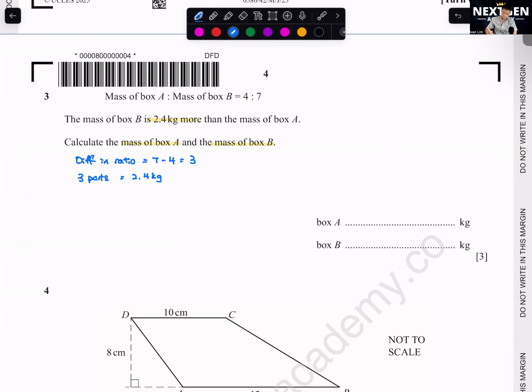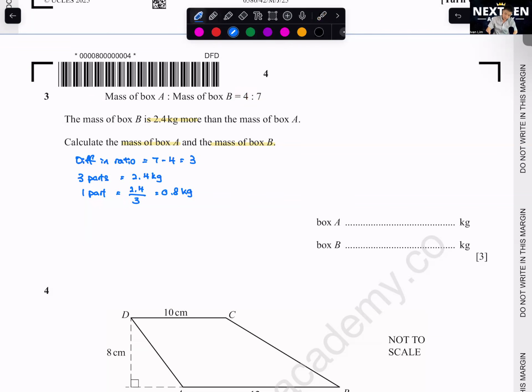Got it? One part, what does it represent? We take 2.4 divided by 3, which equals 0.8 kg. Understand? Then we have 4 parts and 7 parts.